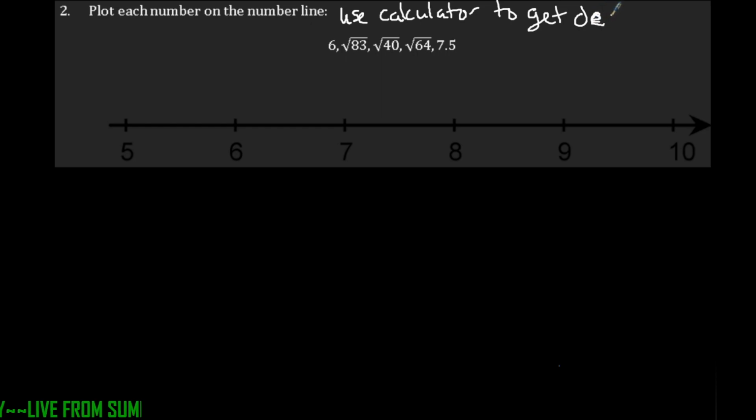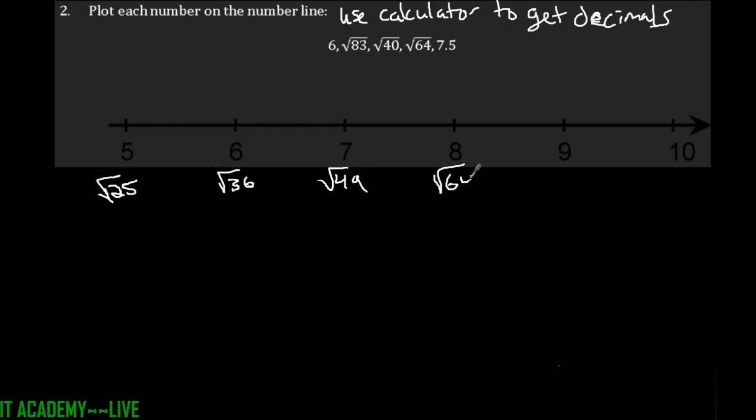I can write that as decimals. Another reminder though, if you don't want to try using those decimals, I know that this is the square root of 25. This is the square root of 36, square root of 49, square root of 64, square root of 81, and the square root of 100. So a way you can do it is either using the decimal value or using those perfect squares.